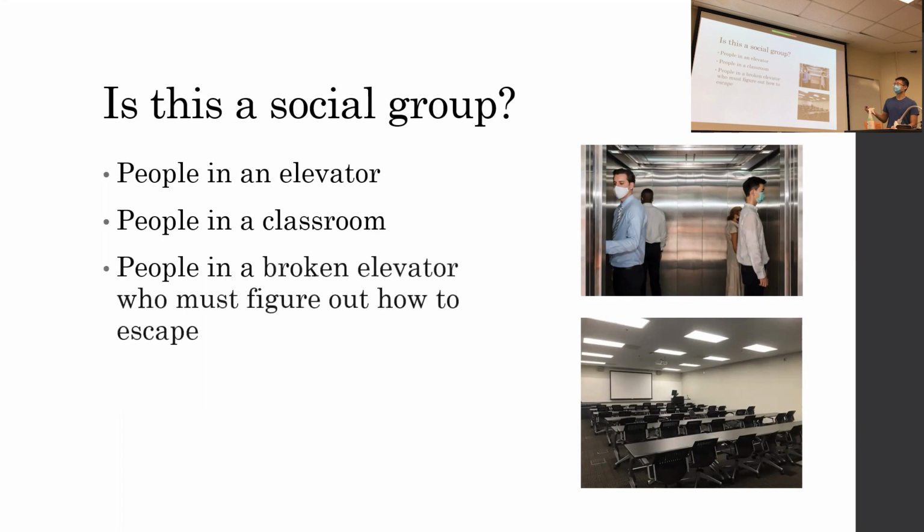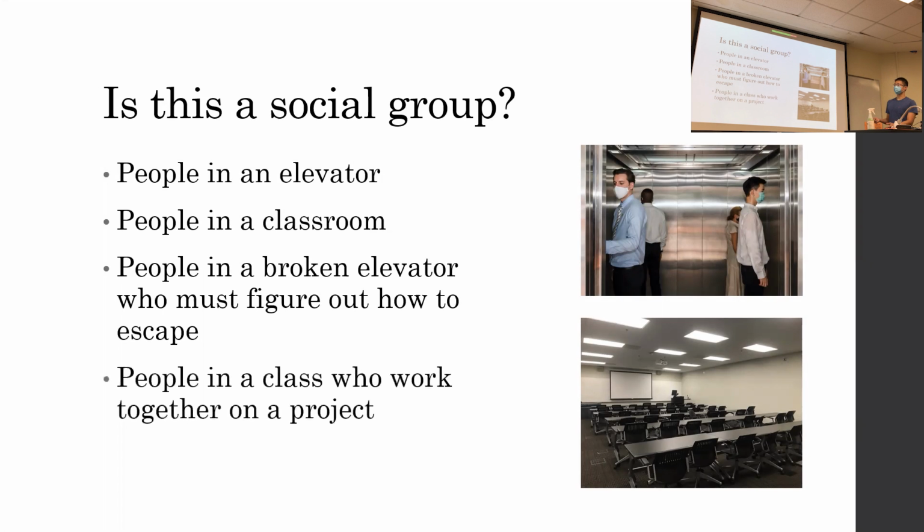What about people in a broken elevator who must figure out how to escape? That's a group, right? Okay. People in a class who work together on a project. Okay, very good. So they're not just in a classroom with no purpose or reason. So you kind of get the idea of what a social group is.